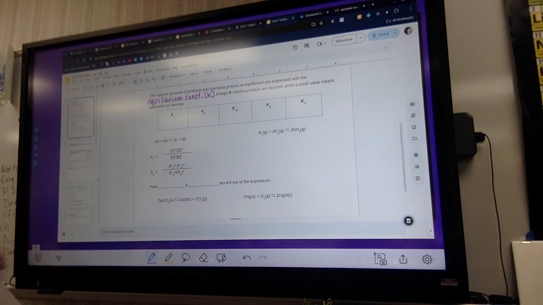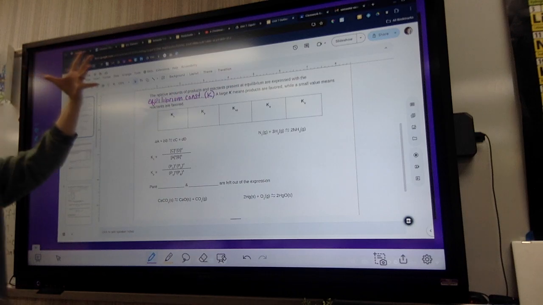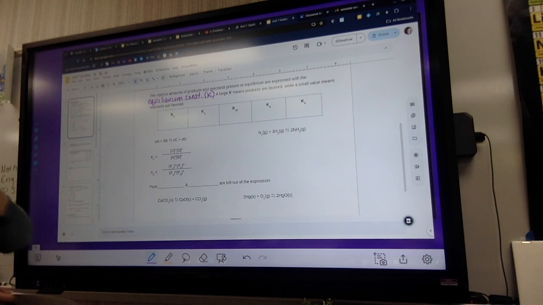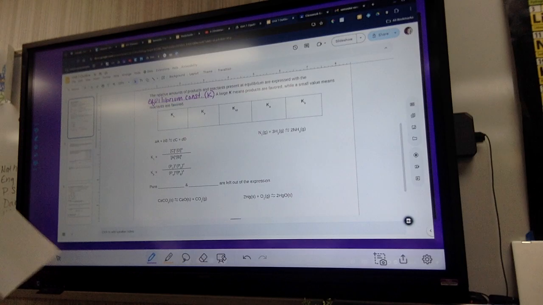It's just the ratio of products to reactants, and it lets us know how favored something is. So a large K means products are favored, because it's products over reactants. So if we have a lot of products, we have a large numerator, we're going to have a larger K. While a small value means reactants are favored.